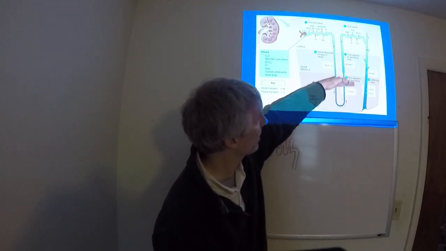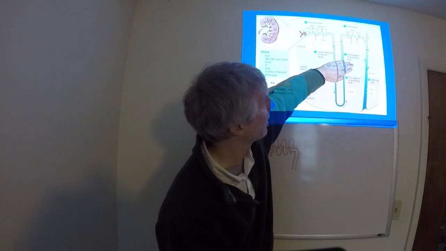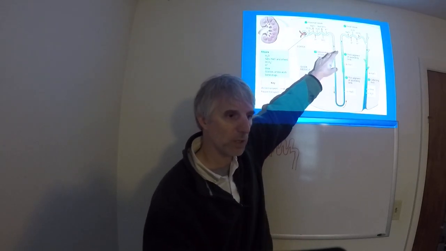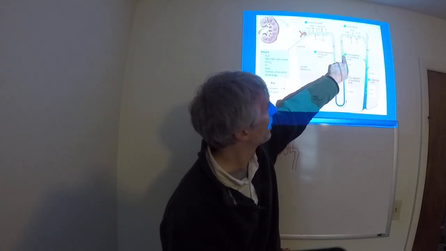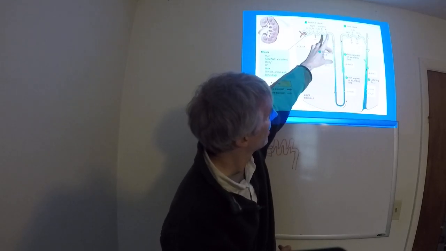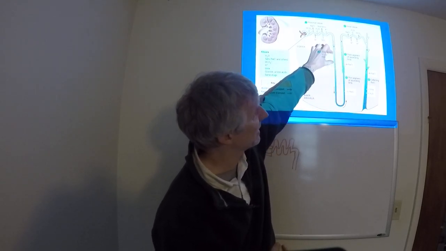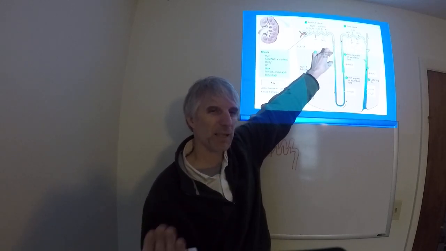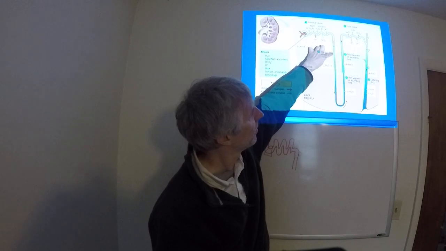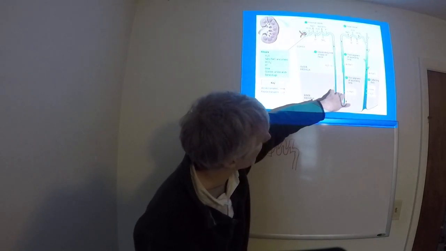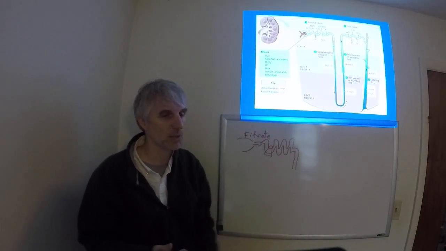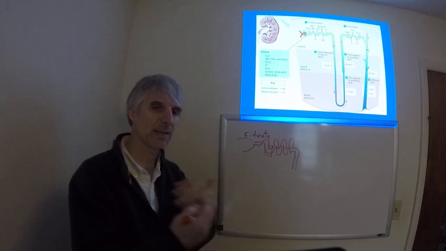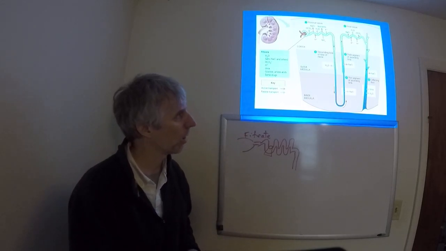If these nephrons didn't penetrate very far, if I had a cortical nephron where the loop terminated here, that would not be very much distance across the loop of Henle to make these water adjustments. By driving it deeper in, I have a longer distance across which I can make these fine adjustments to water.